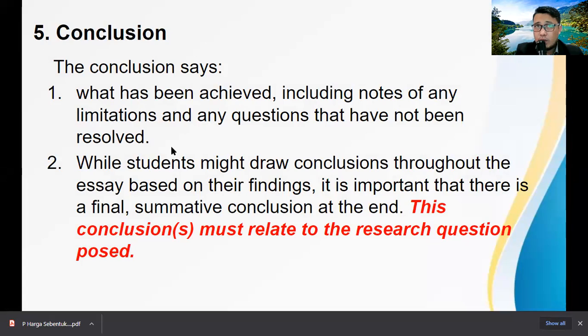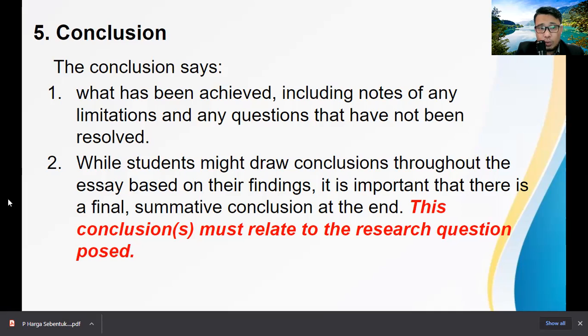So in the conclusion, you can tell the reader about the limitation you found during this research, and what questions might arise, because there will be further investigation or research after your research is done. So there is a possibility that your research will be continued by others.